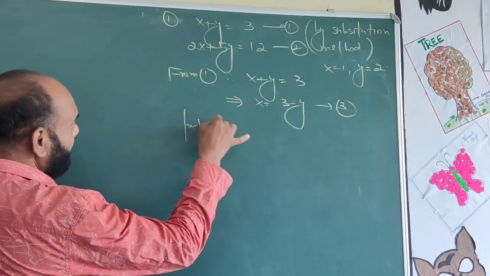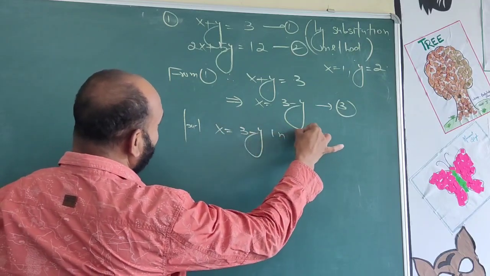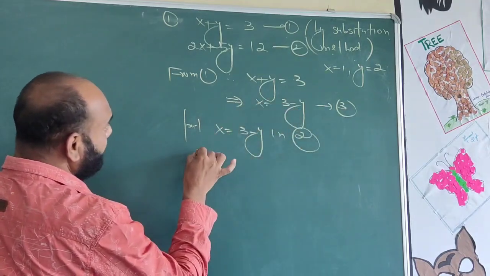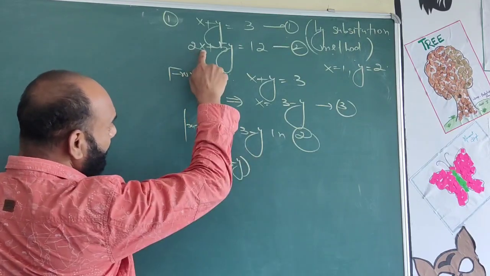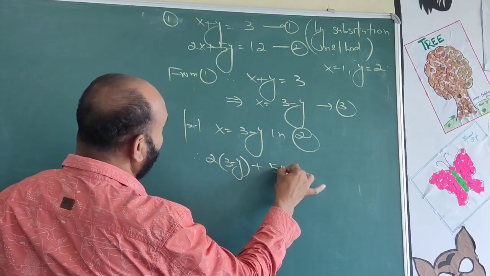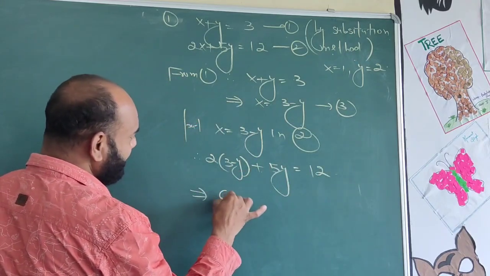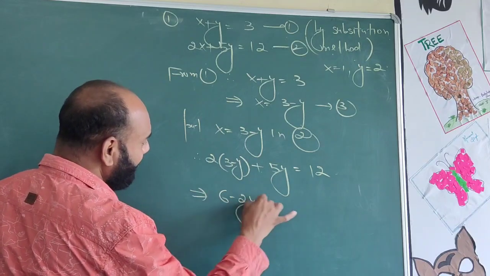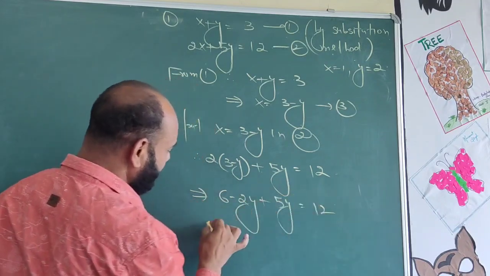So put x is equal to 3 minus y in equation number 2. Therefore 2 times (3 minus y) plus 5y is equal to 12. This implies 6 minus 2y plus 5y is equal to 12.